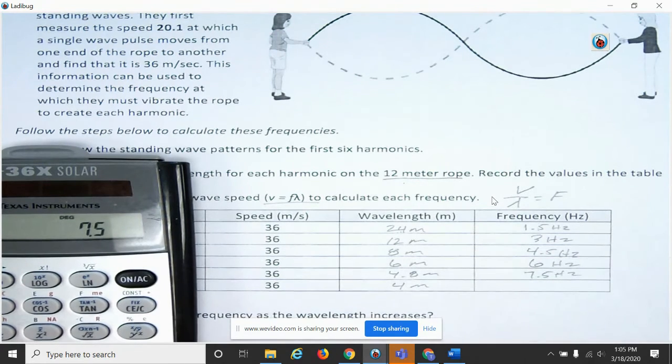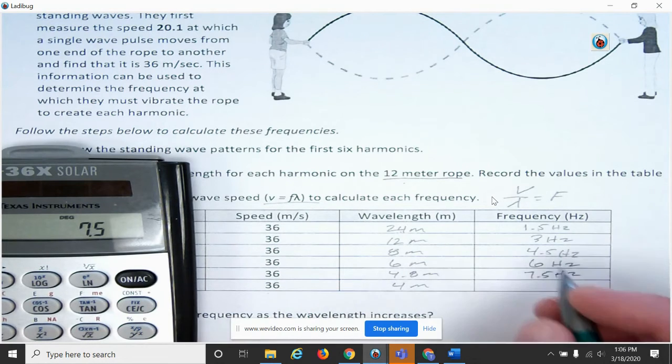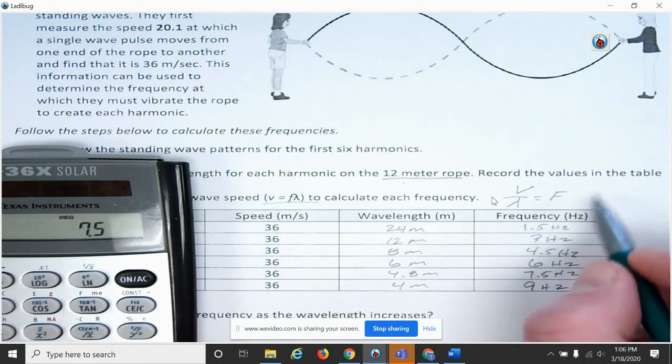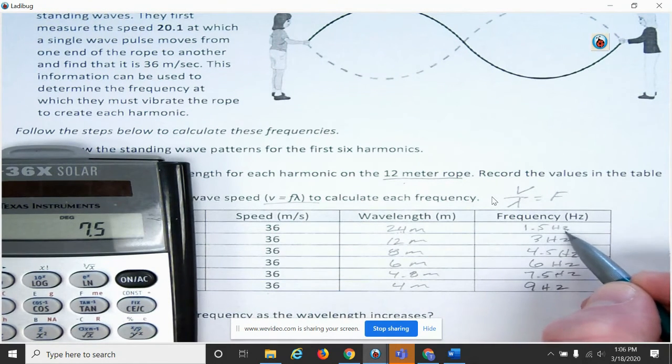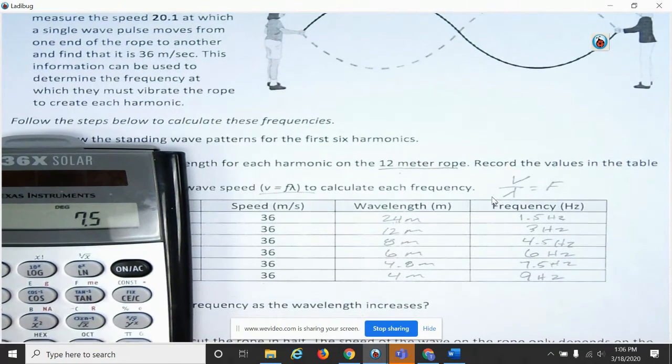And lastly, 36 divided by 4 is going to be 9 hertz. Now, you'll also notice a little bit of a pattern here. As we go up in harmonic, everything goes up by 1.5 each time. It's easy to see that pattern that takes place.